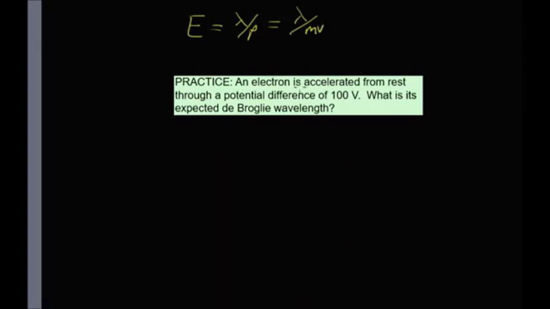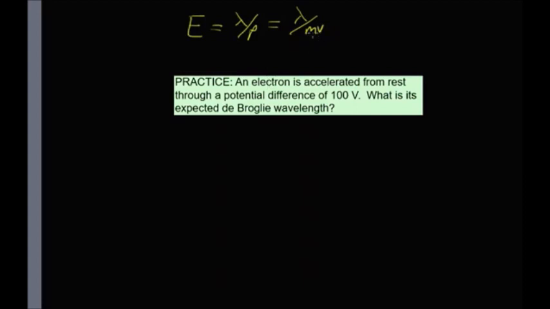All right, so we've got an electron that is accelerated from rest through a potential difference of 100 volts. What is its expected de Broglie wavelength? We've got several things going on here. First of all, we need to find out what its velocity is, so we can use this equation.